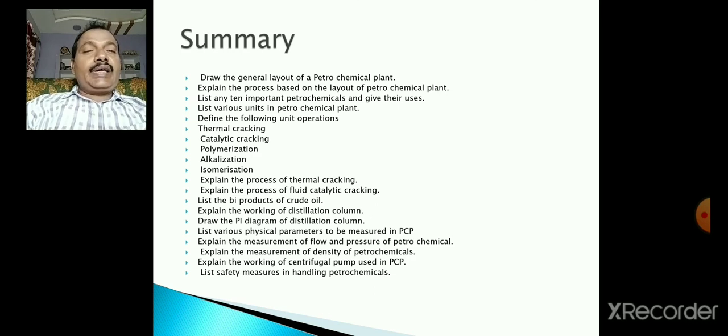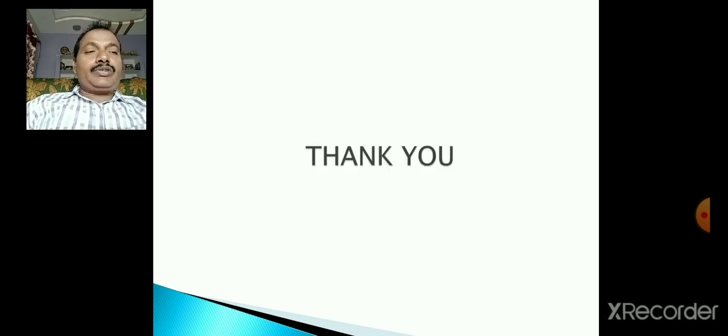We have discussed the most important cracking techniques, that is thermal cracking and fluid catalytic cracking, in which heavy hydrocarbons are cracked into smaller hydrocarbons. The distillation columns we have also discussed, and the physical parameters measurement and control, and finally the safety measures we have to take and the strategies we have to follow to mitigate such problems.